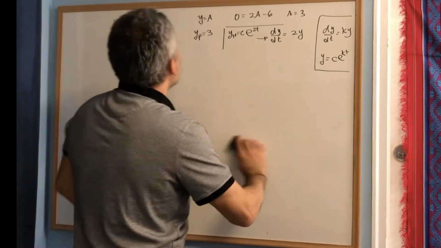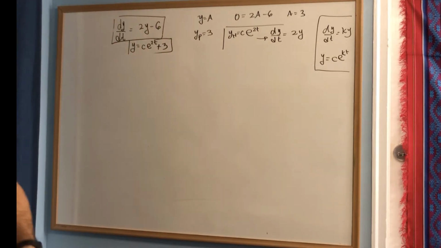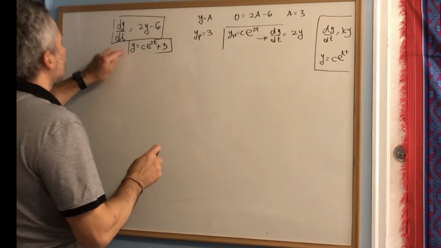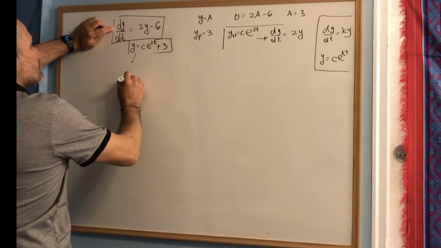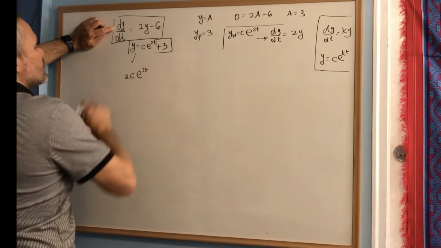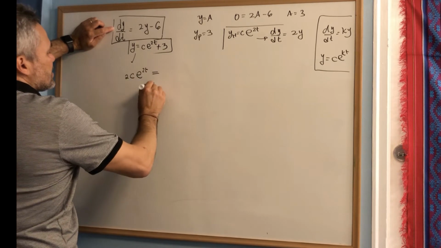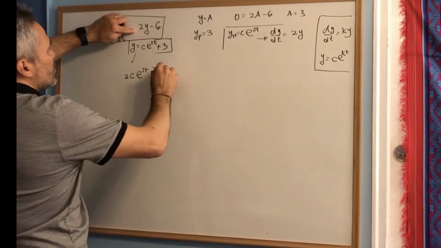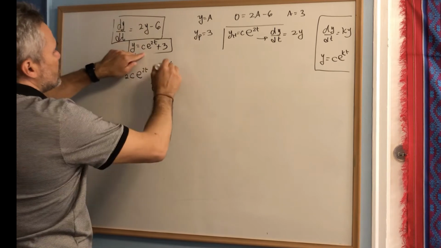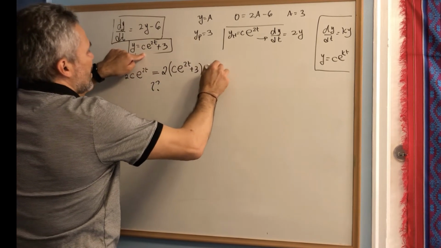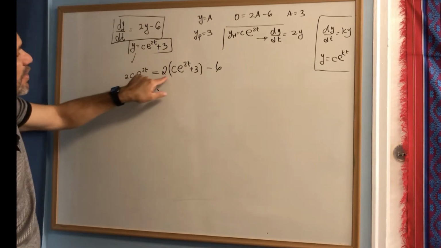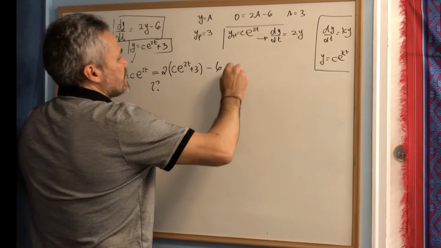Let's just, for fun, check that indeed this is a solution. What happens if I do the derivative? I get 2c e to the 2t. And the question is, is this equal to 2 times the solution, c e to the 2t plus 3, minus 6? We can check that indeed this is true.